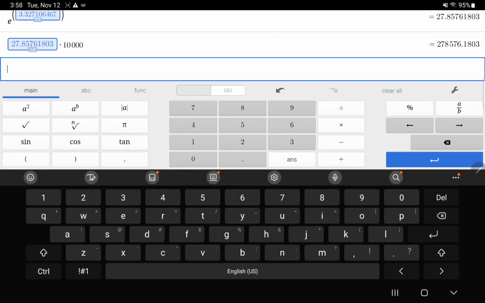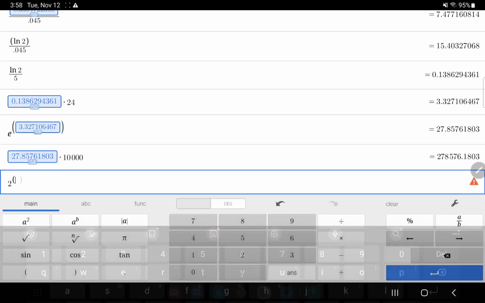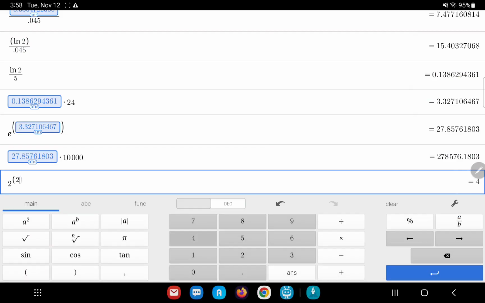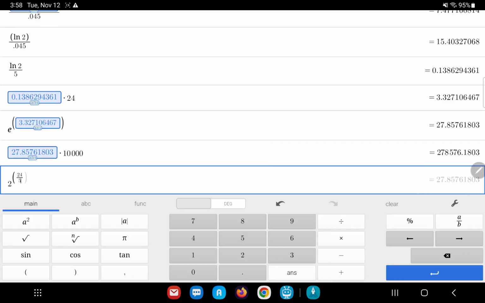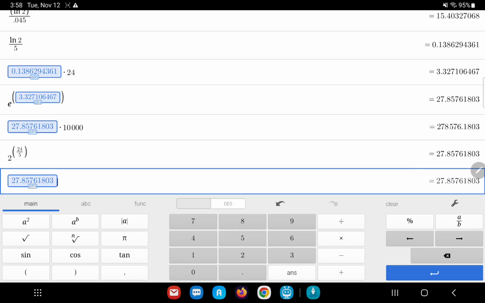So we're going to go ahead and do 2 to the power of, and then I'll do parentheses to put in my fraction, and my fraction was 24 over 5. Divided by 5. And then I'm going to take this answer and multiply it by 10,000. That's my initial amount.